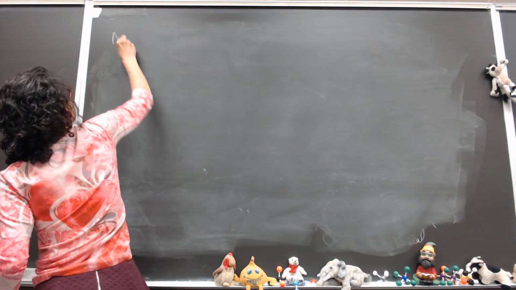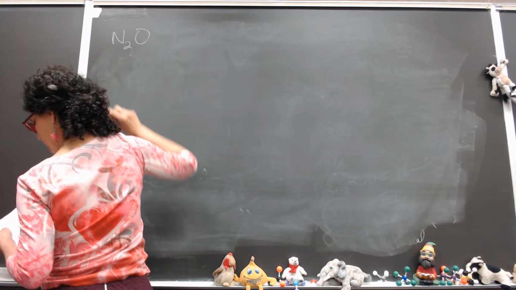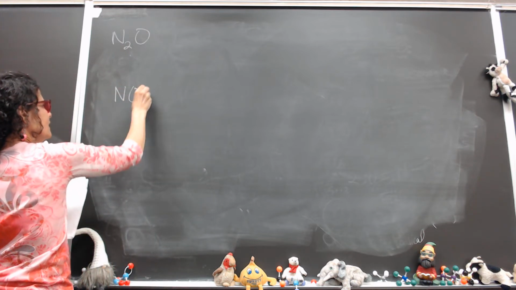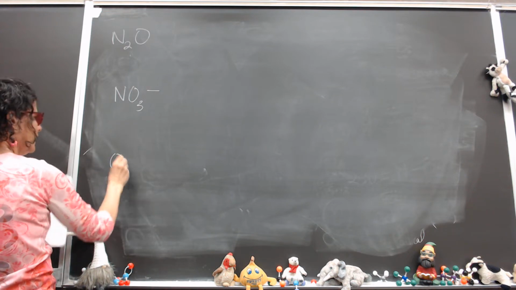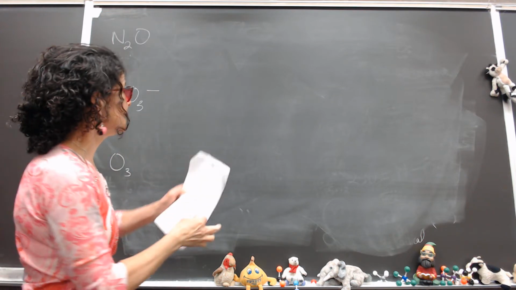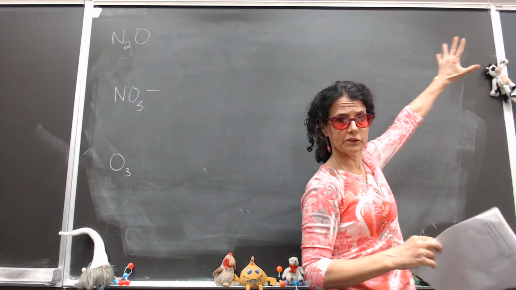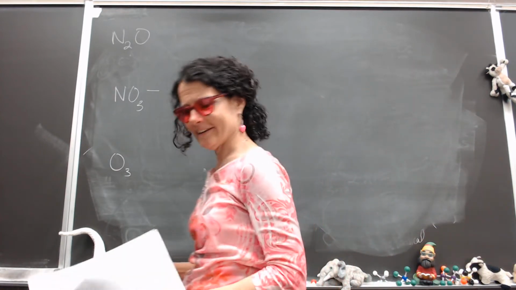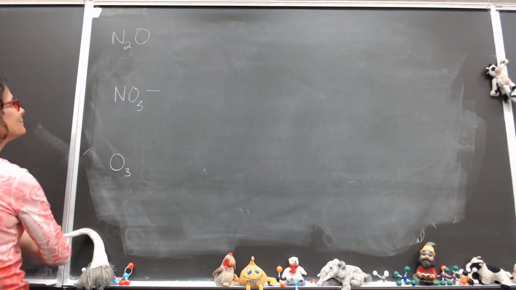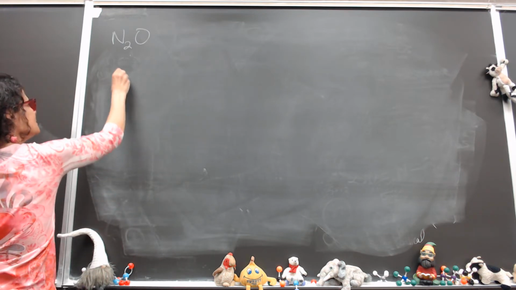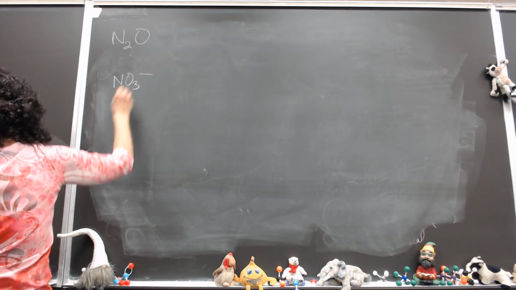All right, so we have N2O. So do your valence and do your Lewis structures, and then we're going to put a whole bunch of words over here. And so go ahead and try them. I'm going to scrunch mine up so they fit on one page like yours.